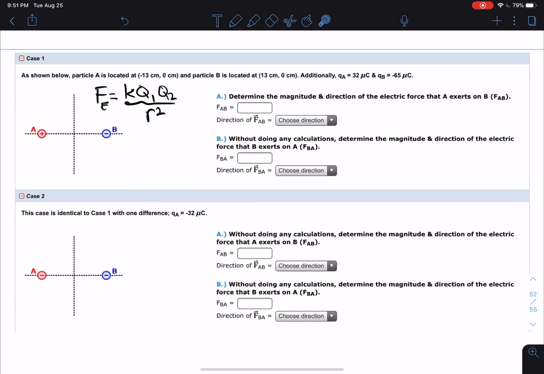It was 32 microcoulombs before, now it's negative 32 microcoulombs, so the charge magnitude is the same, but the polarity has changed. So then you go back through to determine the force and the direction of the force. But again, it says without doing any calculations. You shouldn't have to do any calculations to get the answer for case 1B and then for both A and B from case 2. You just need to think about the laws that apply here.